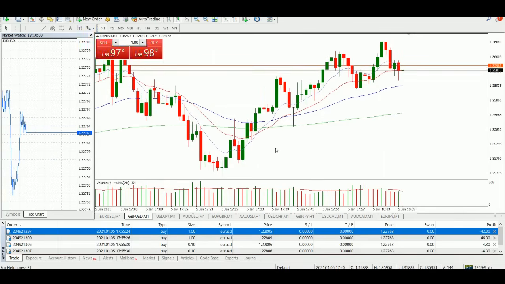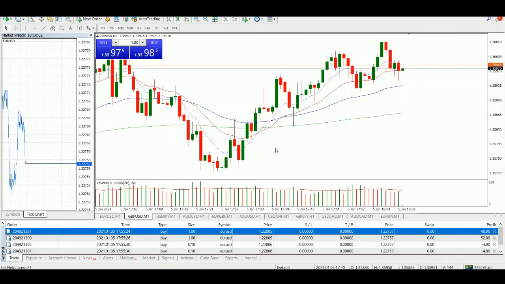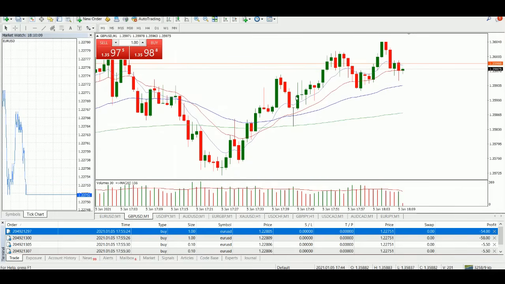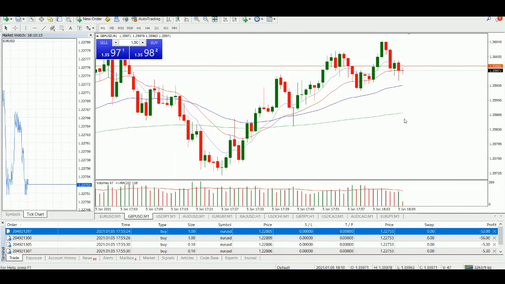So you make huge profits out of them and then you close on your profits. But in this kind of trends, you have to buy and sell, so you have to ride the trend, retrace, ride the trend and retrace. It's going on very different levels.